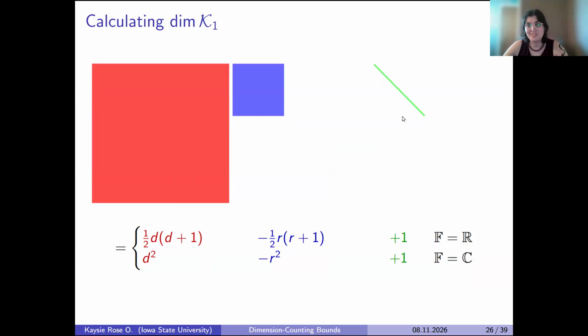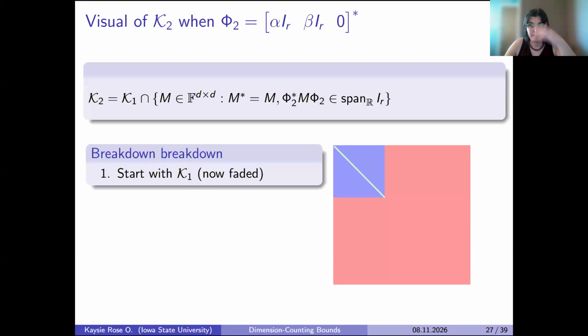And the dimension of IR as a real space is 1. So we really do get exactly the bound that Lemons and Seidel had. Red minus blue plus green. So that's K1. That's the easiest one. We haven't beaten Lemons and Seidel yet. To beat them, we need to go to K2.